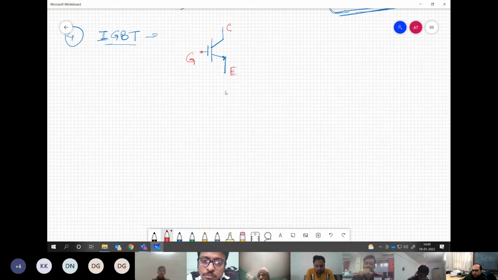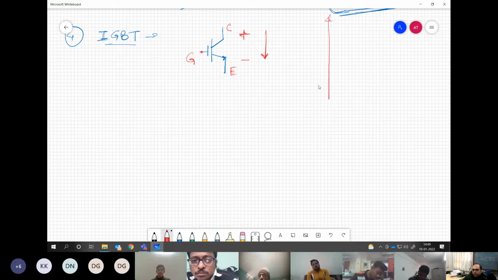Understanding my point? When I say the characteristic is very similar, the recommended blocking voltage is in this polarity, collector to emitter, and the direction of current is from collector to emitter. This is what is recommended from the manufacturer's side.